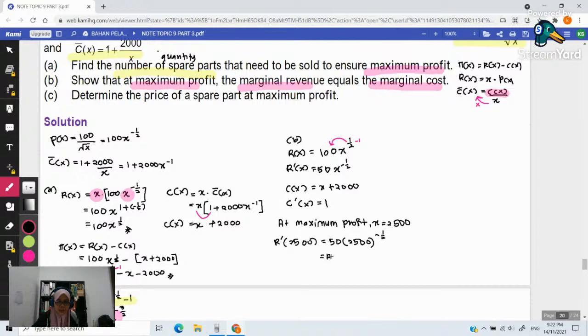Then we need to find C prime x at 2,500. Since C prime x equals 1, we do not need to substitute any variable x. So this is equal to 1. Therefore, R prime 2,500 is equal to C prime 2,500, equal to 1. Shown.